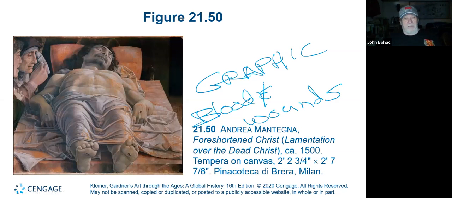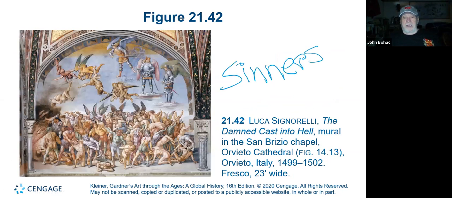So what Mantegna does is really kind of start to play around with all of these inventions of being able to create believable images, and be able to put the viewer in a particular position. And so what time is it? It's the damned cast into hell. You see, Italian Renaissance.